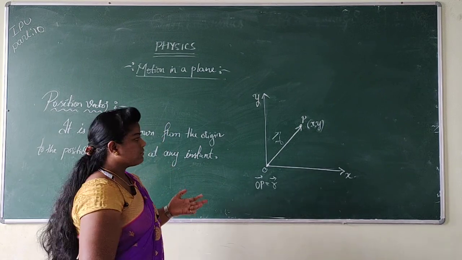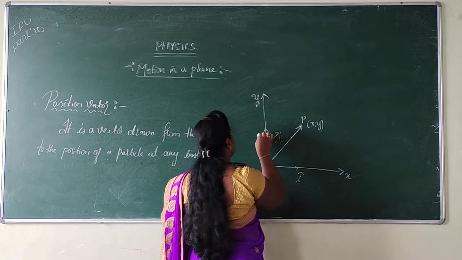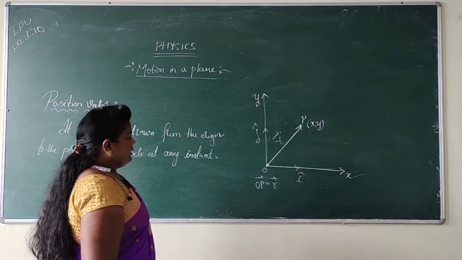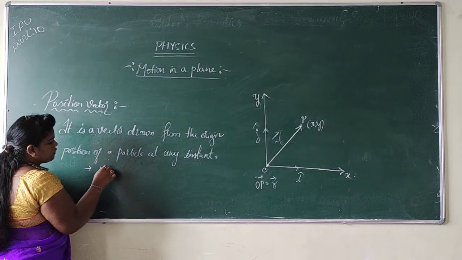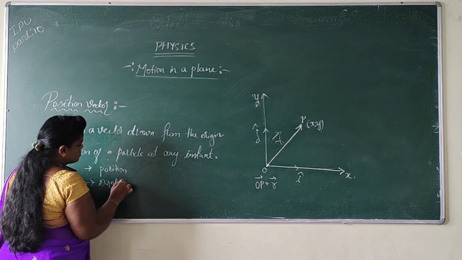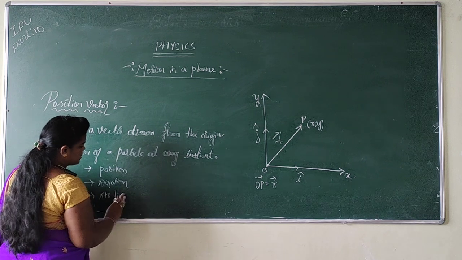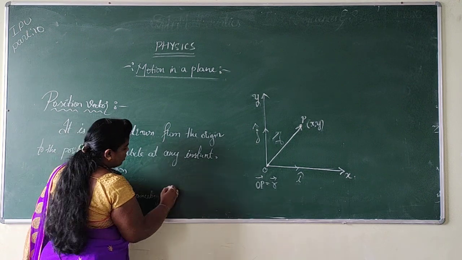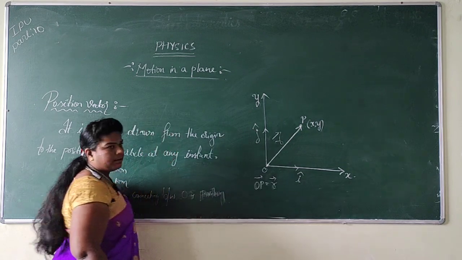We can write this in a different way. Along the x-axis we have the unit vector i cap, and along the y-axis we have the unit vector j cap. I am repeating again: the position vector gives you the position of a particle, the direction in which it is moving, and the straight line connecting the origin and the position of the particle.